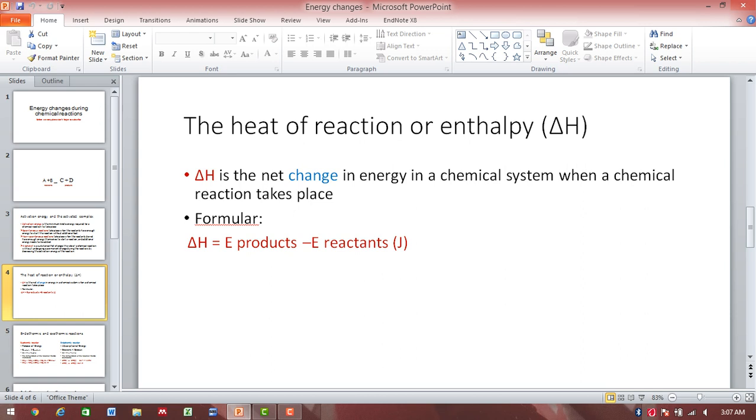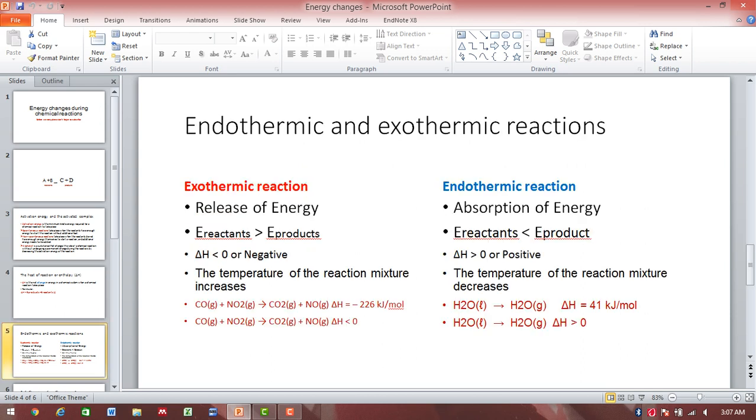It can be expressed in a formula where we say delta H is equal to the energy of the product minus the energy of the reactants. Remember, the delta H, because it's an energy, is measured in kilojoules per mole, not in joules as I've written here. It needs to be corrected and it becomes kilojoules per mole.